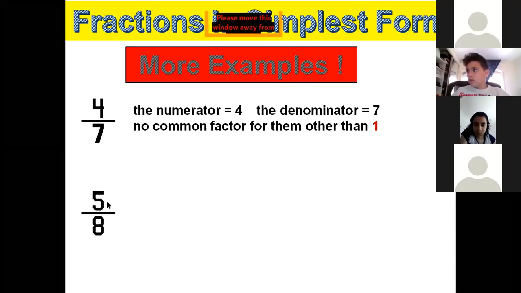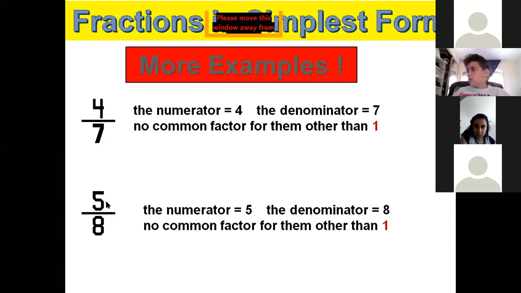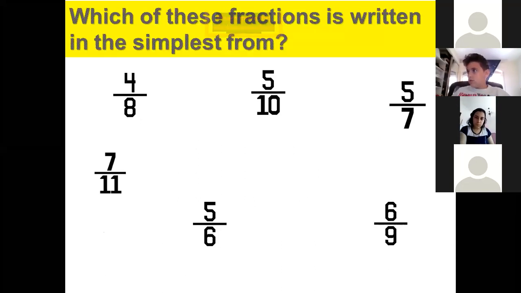Same as 5 over 8. 5 has only 1 and 5 as factors. 8 has 1 times 8 and 2 times 4 is 8, so they have nothing in common other than 1. So all these fractions are fractions in simplest form.